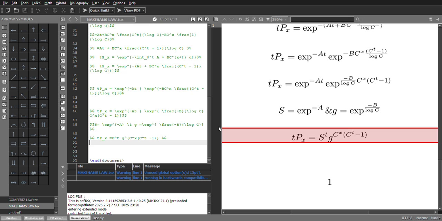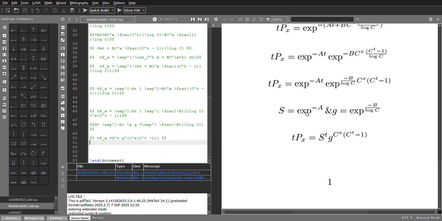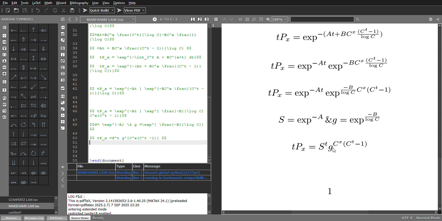So when you substitute S here, you will have the T remaining to that, and when you substitute G there, you will have this remaining part here. So we are done.